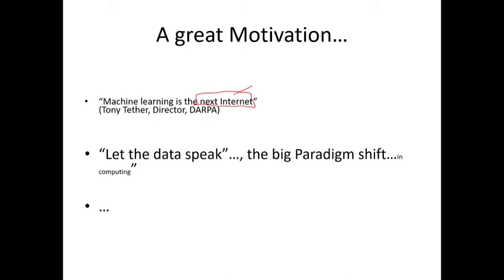And the second motivation, apart from this quotation, is the principle of let the data speak, which is what I call the big paradigm shift in computing. Before, we used to think of how we are going to write software, but with machine learning, that is a thing of the past. I used to tell my students, as AI and machine learning students, that if anybody is still just writing classical programs, they are going to be a programmer.